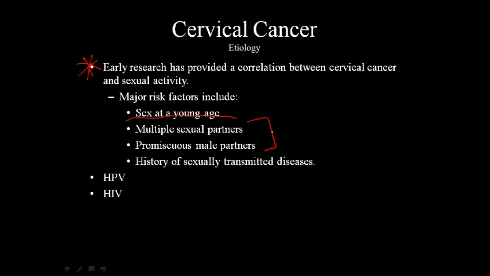Multiple sexual partners and promiscuous male partners typically have a history of increasing the risk of sexually transmitted diseases. And we also found that HPV, the human papillomavirus, really has a history of increasing the risk of cervical cancer in patients.